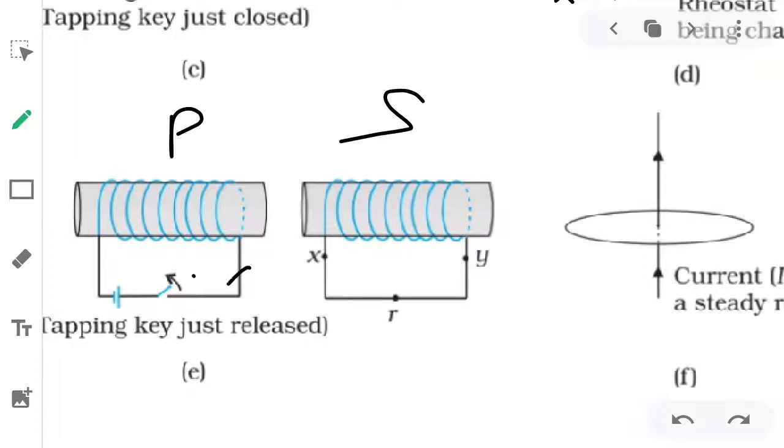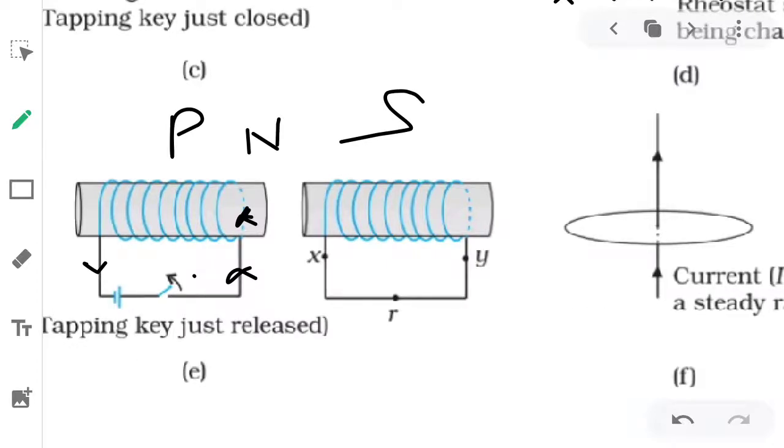Okay, let's see now the current direction. As per the battery, the current direction is this way, and the dotted line shows that this is behind the core. So if you see from the right side, the current is in anti-clockwise direction, which means this will be a north pole. Current is decreasing, which means opposite polarity, so this will be a south pole.